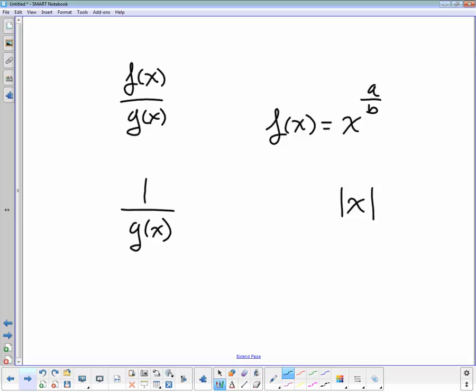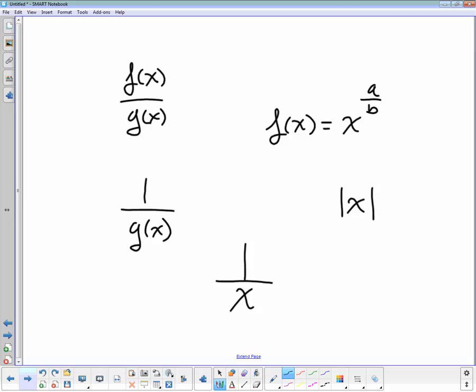Okay. So there are some functions that you should immediately recognize are things that don't play nice. Okay? And if that's the case, you want to look for those holes and see if the holes or asymptotes are in the interval that I care about. Okay? So for example, the function 1 over x is not continuous over the real numbers. It has a vertical asymptote at 0.